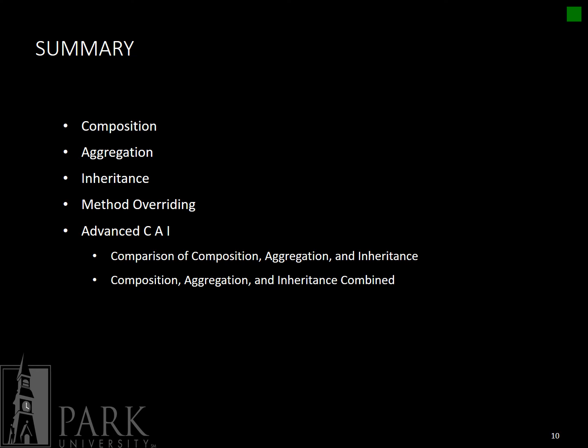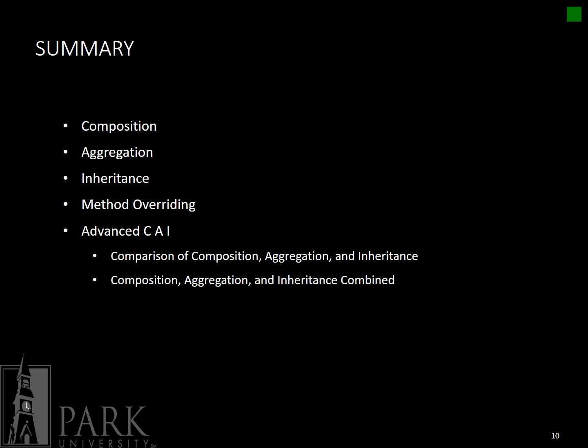We also looked at inheritance, where a subclass can inherit attributes and behaviors from a superclass, or a child class can inherit something from a parent class, right? We looked at method overriding, and that's where the method of a child class overrides the same method with the same signature of the parent class or the superclass.